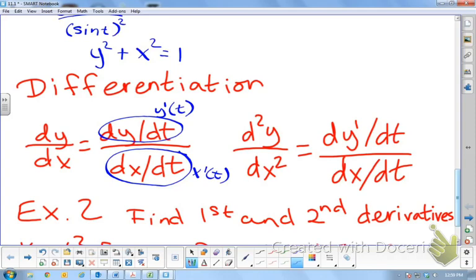To find the second derivative, it gets even more complicated. We take the derivative of, see, parametrics in me, the second derivative is the one that's always hard to remember.